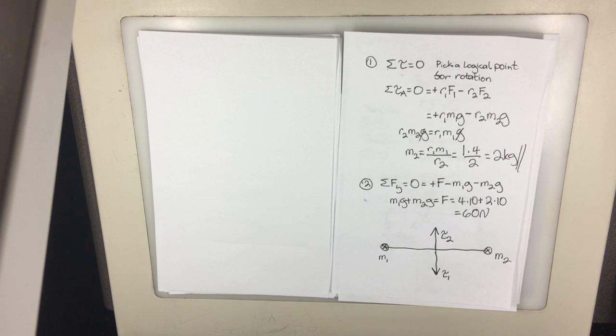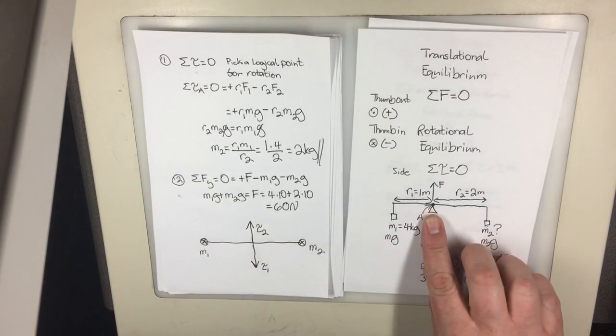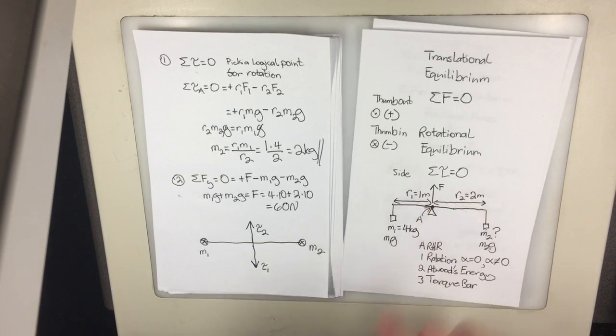Why did I not consider the normal force from the fulcrum onto the bar at that pivot point? What's the distance from the force to the pivot point? 0. And so what's 0 times anything? 0. So the advantage of picking a rotation point at a force, you can effectively eliminate that force and don't have to think about it.